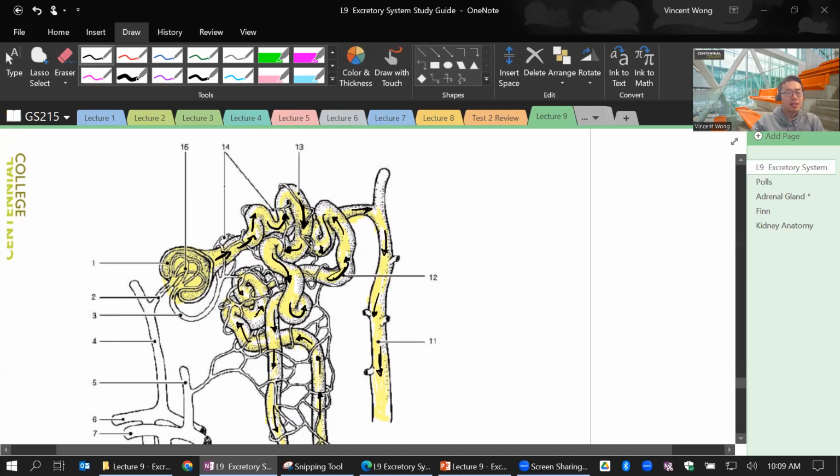Now let's do what we did in the earlier labeling. If you recognize some numbers, let's do the ones here first. That's referring to the nephron. We'll do the vessels later. If you know what they are pointing at, please just type them out.